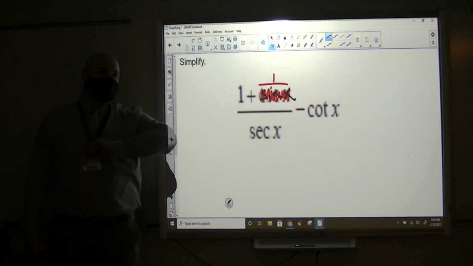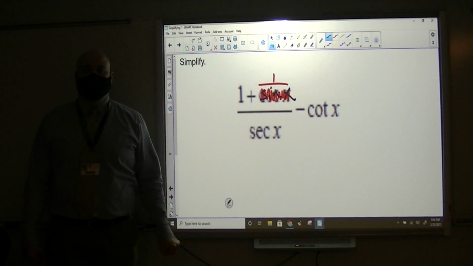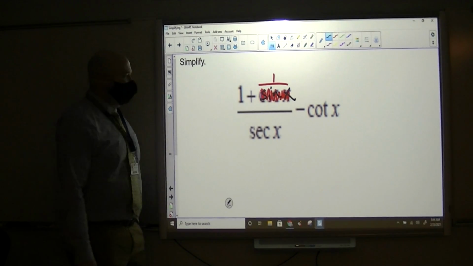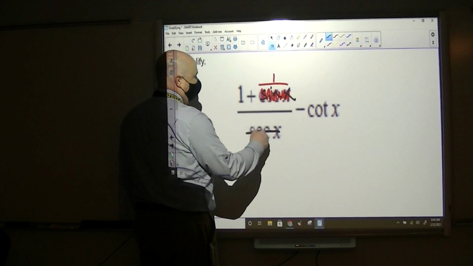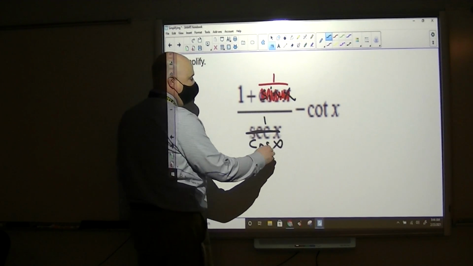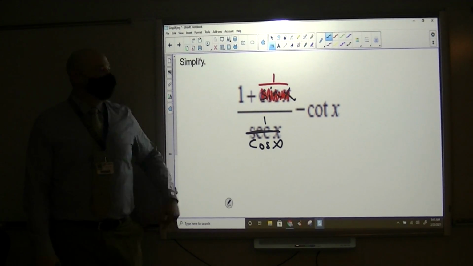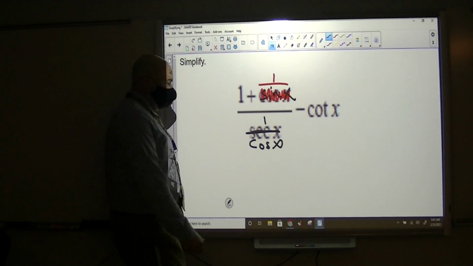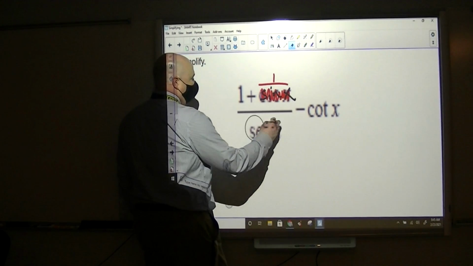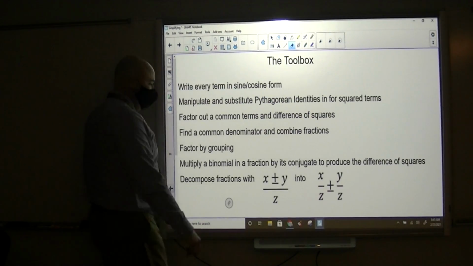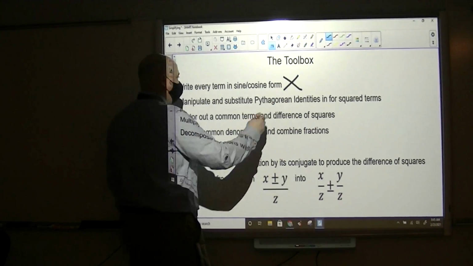That is just a mess that I don't want to have to deal with right now. So even though I could write that as 1 over sine, and even though I could write this as 1 over cosine, it's not the best approach because of this 1 that's up here. Okay? So, yes I could, but no I won't. Alright? So, we're not going to do this.